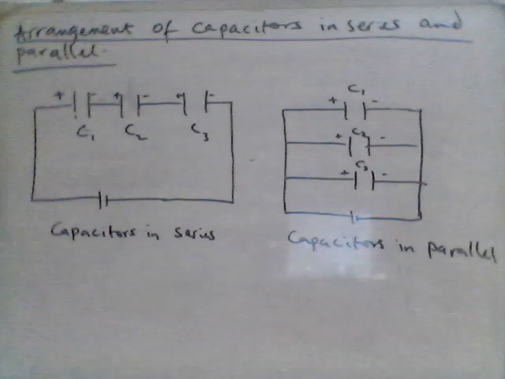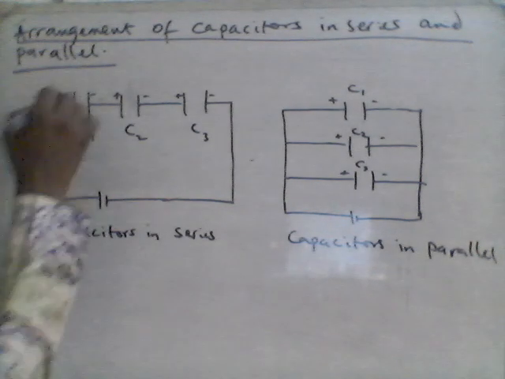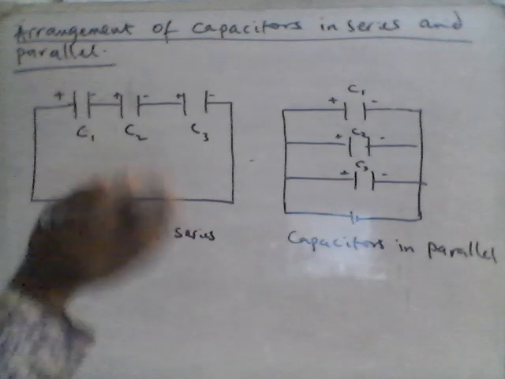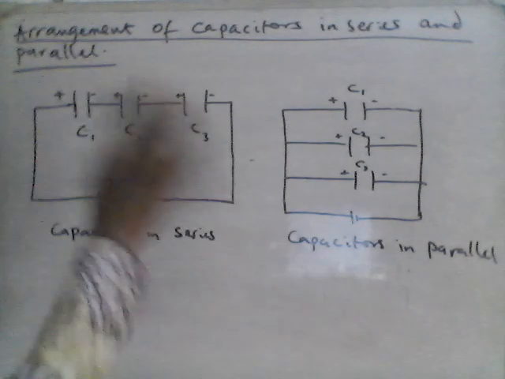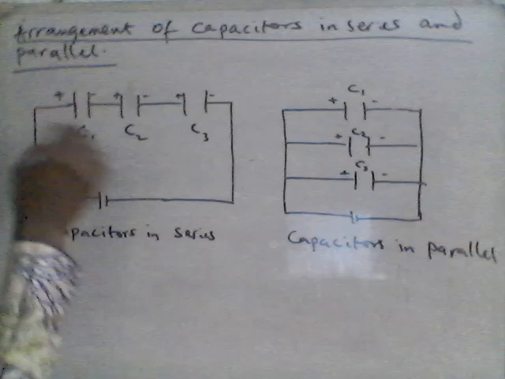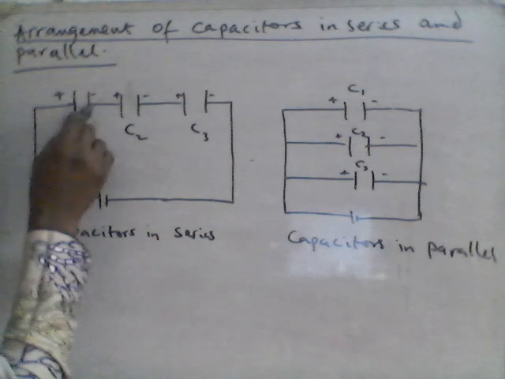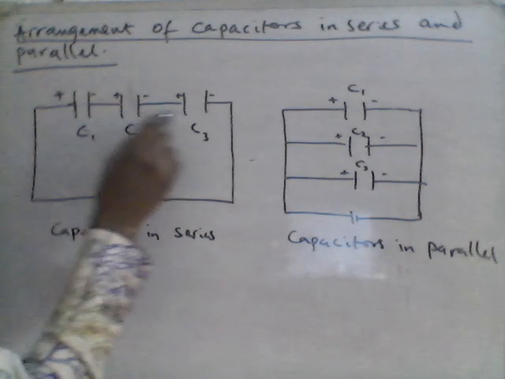So here we have the arrangement of capacitors in series and in parallel. Remember when we talked about resistors, we saw that it's almost the same kind of arrangement for the two of them in diagram form. For capacitors in series, they are connected in a daisy chain form.